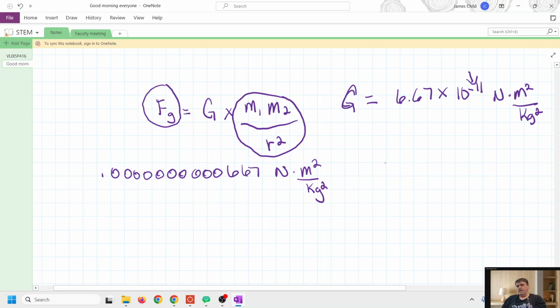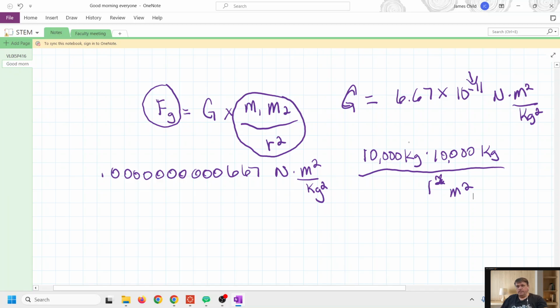And because I'm taking kilograms, let's say 100,000 kilograms times 100,000 kilograms, and let's say that is 1 meter squared. The radius is 1 meter, so 1 meter squared. Okay.